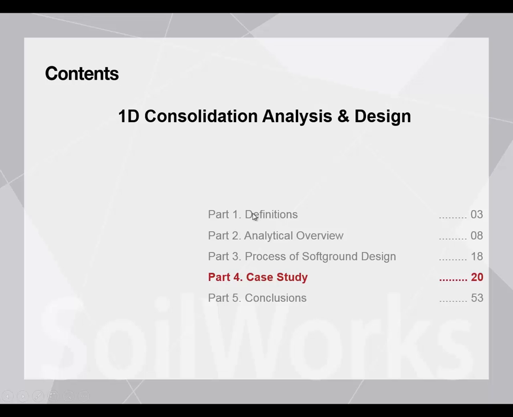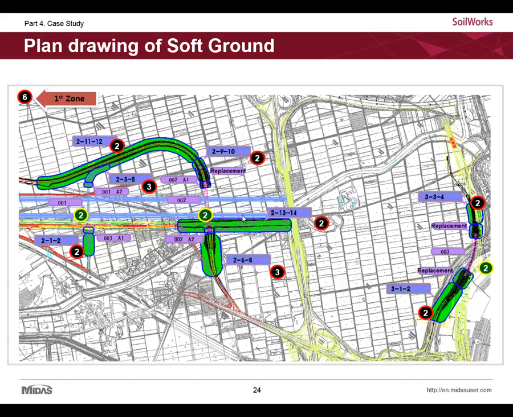Alright, now we will take a closer look at the most significant part of soft ground design through several case studies. This is a plan drawing of soft ground based on the site investigation and the construction plan, like structures or road. In this plan drawing, each section has different ground conditions, including its depth and final level of embankment based on the construction plan.